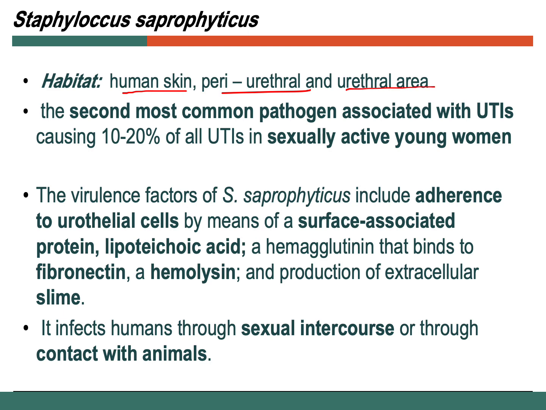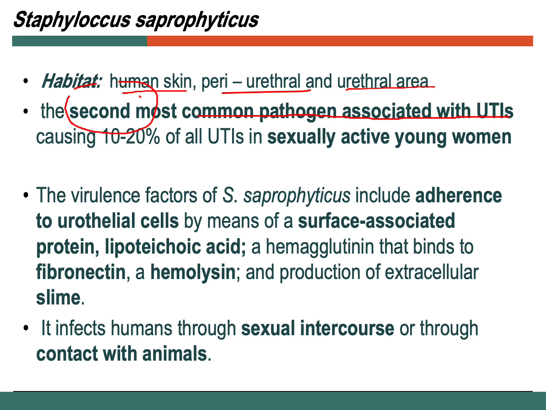Your Staphylococcus saprophyticus is the second most common causative agent of UTI, because your first, your primary pathogen associated with UTI, is Escherichia coli. But the second most common is Staphylococcus saprophyticus.